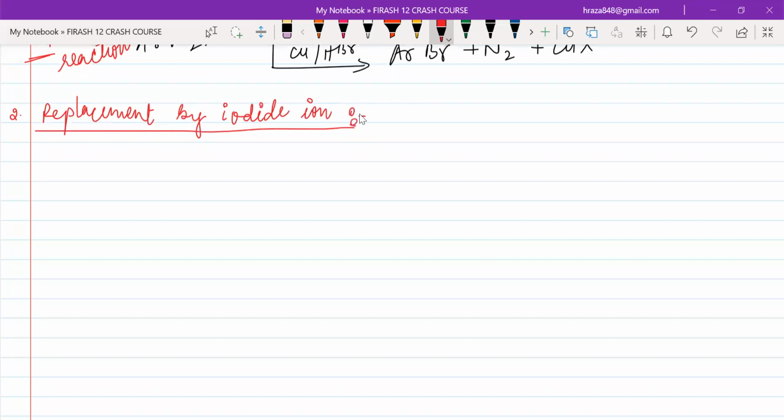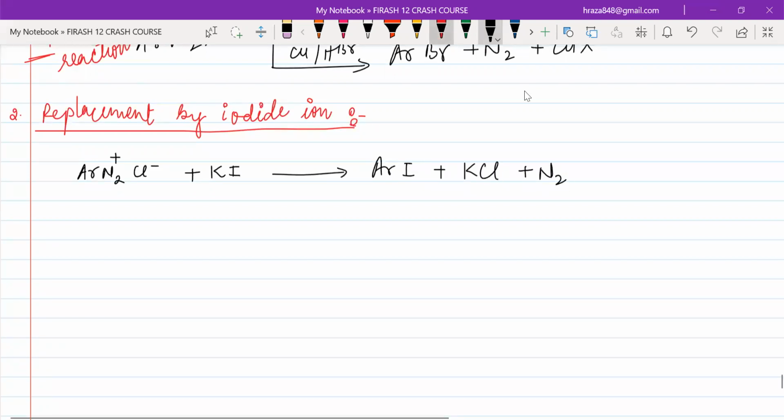So how can we replace it? Ar N2 plus Cl minus, instead of using Cu2I2, we can mix this benzene diazonium chloride with potassium iodide, then this will be replaced with this. You have studied this reaction in the first chapter.